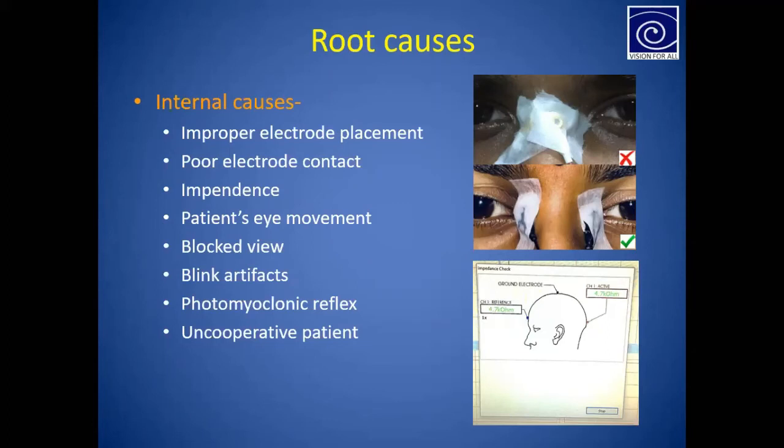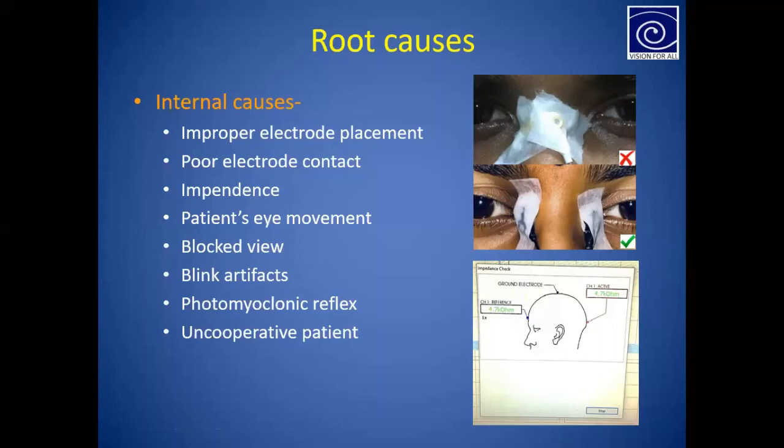Impedance actually refers to the contact of the electrode to the ocular surface or skin. In all types of electrophysiological tests, the impedance should be less than 5 kilo ohm. We can see here it is showing the impedance level, 4.7 kilo ohm and 4.7. So it should be less than 5. After that, we should proceed with this test.